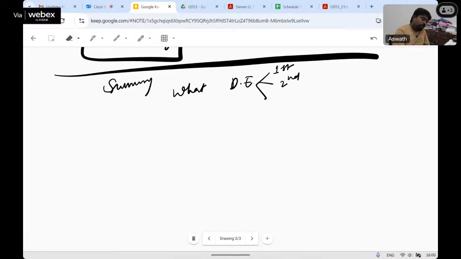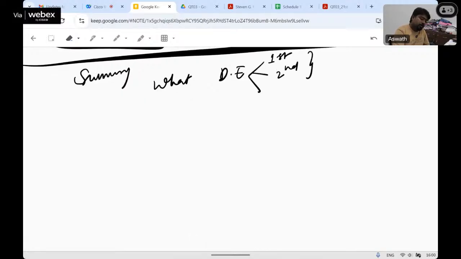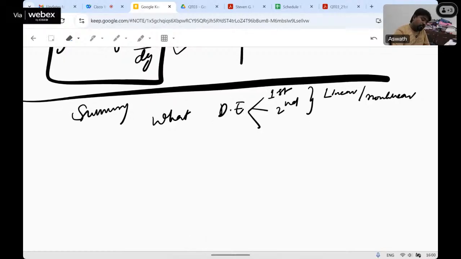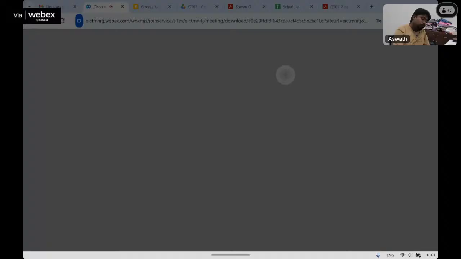Among the first and second order, there is something called linear and non-linear. We have not gone to non-linear, but we know how to identify linear ones. And also we talked about homogeneous and non-homogeneous.